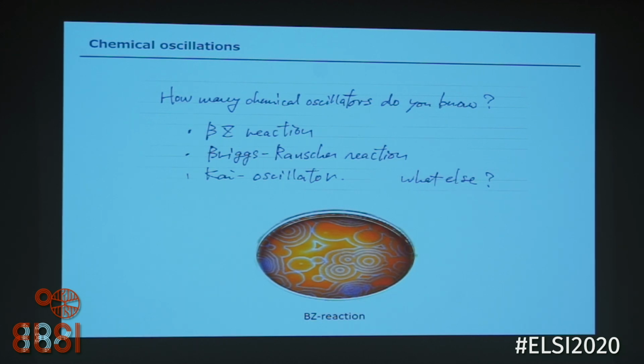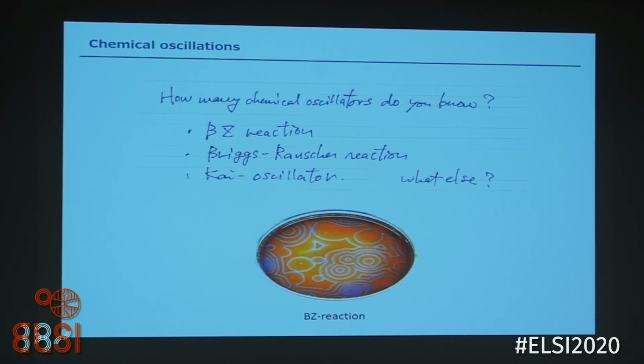The BZ reaction is the most famous representative system for chemical oscillation. But how many do you know similar to this reaction? For me, I can count with my fingers, just several systems can show oscillation.